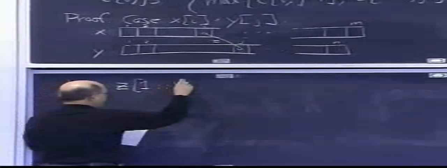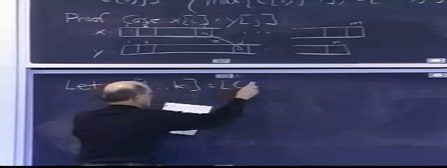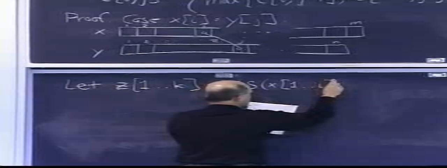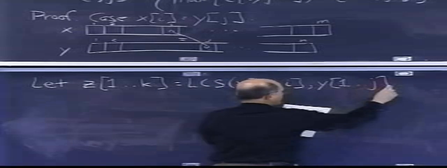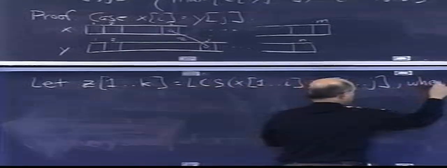Let's call that z. It's always nice to give things names. Z going from 1 to k, say, be the longest common subsequence of x of 1 to I and y of 1 to j, where Cij is equal to k. So we'll just give it a name, okay?